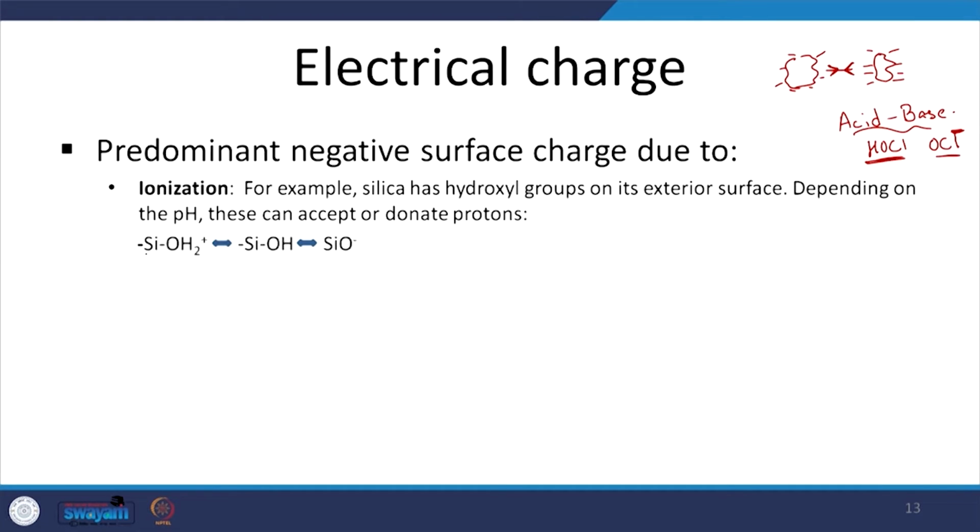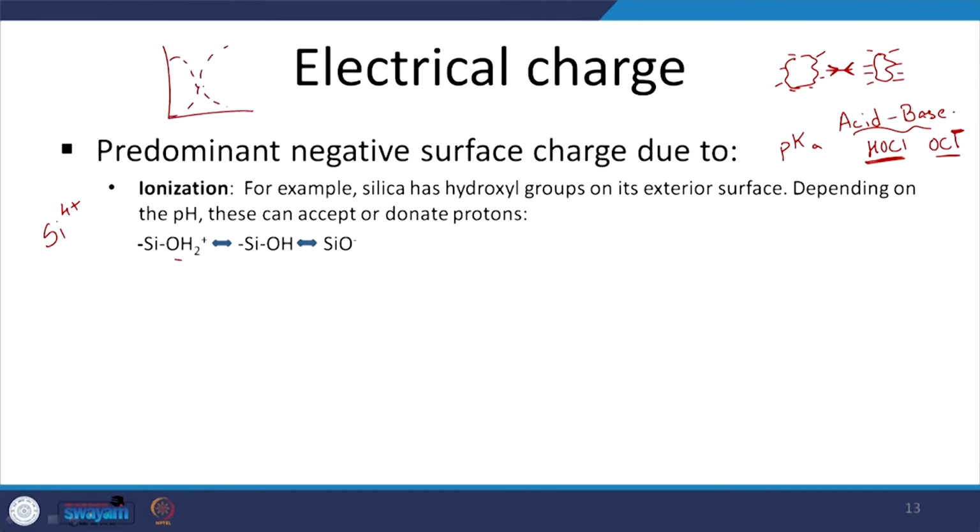For example, you have silica. Silica has hydroxyl groups on its surface. Here we are talking about Si4 plus, sand, silica. And depending on the pH, we talked about the pKa and pH in the acid base context.